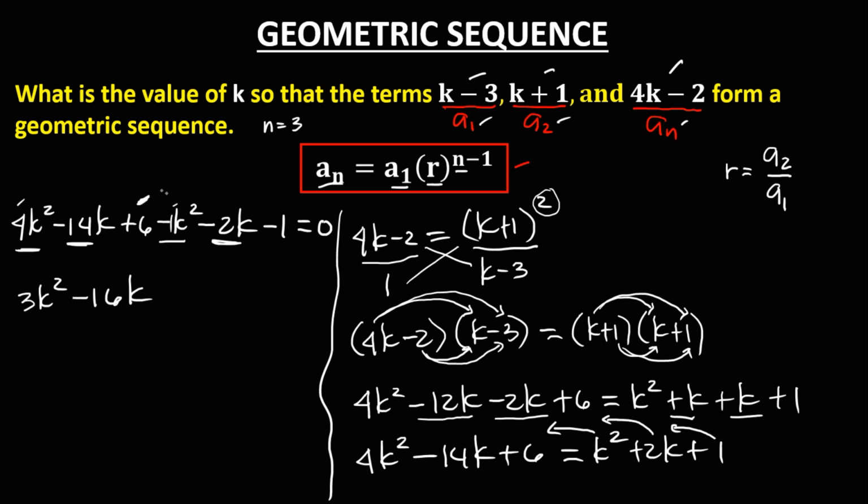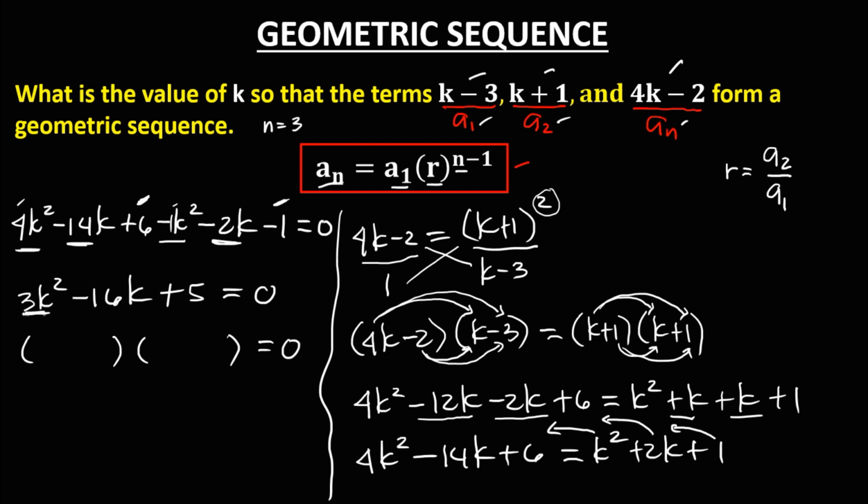Then this positive 6 and negative 1, that's positive 5, then equals 0. Then since we have this now quadratic equation, we can use the quadratic factoring to find the values for k.